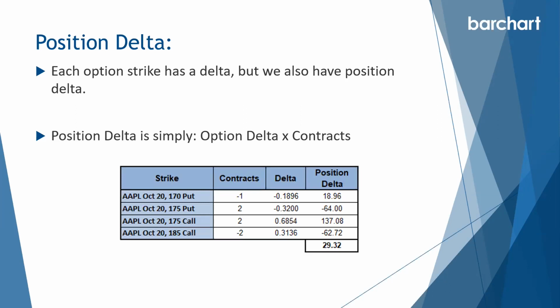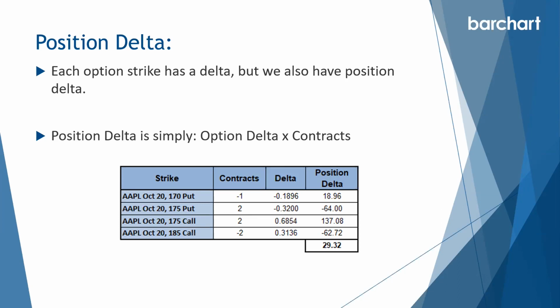And we need to multiply that by 100 to get the position delta of 18.96. Now that basically means that option position at the moment is roughly equivalent to owning 18.96 shares of Apple stock.